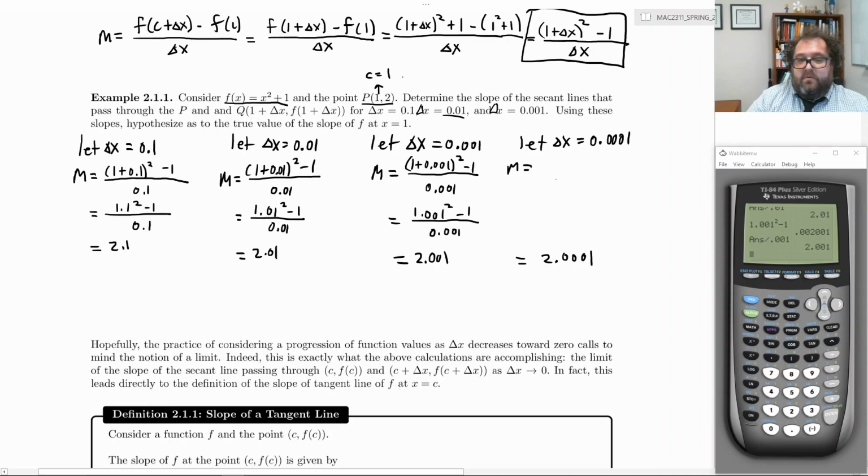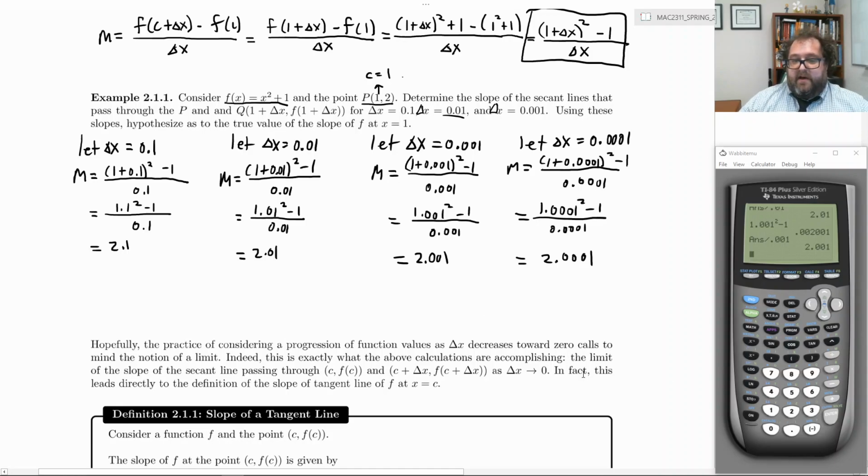Let's see if that's true. M equals 1 plus 0.0001 squared minus 1 over 0.0001 equals, well, that's going to be 1.0001 squared minus 1 over 0.0001.